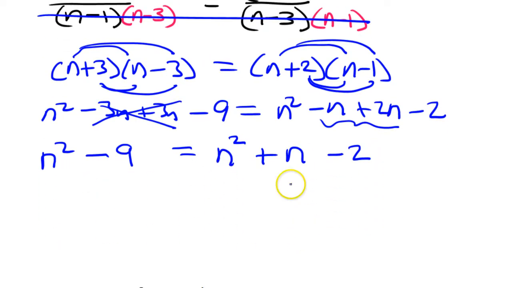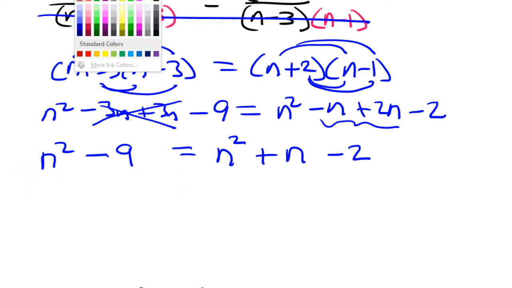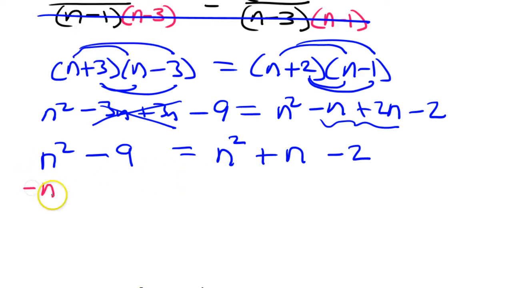So now I'm going to get everything on one side. So I'm going to subtract n squared from both sides. That's going to cancel out both of these n squareds. So that's going to give me negative 9 is equal to n minus 2.